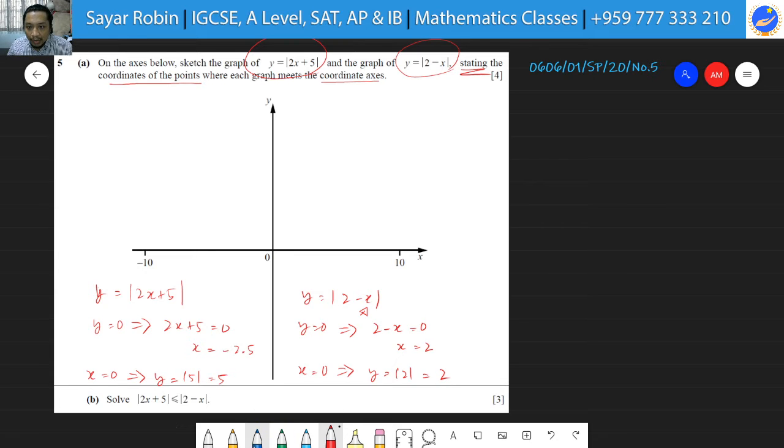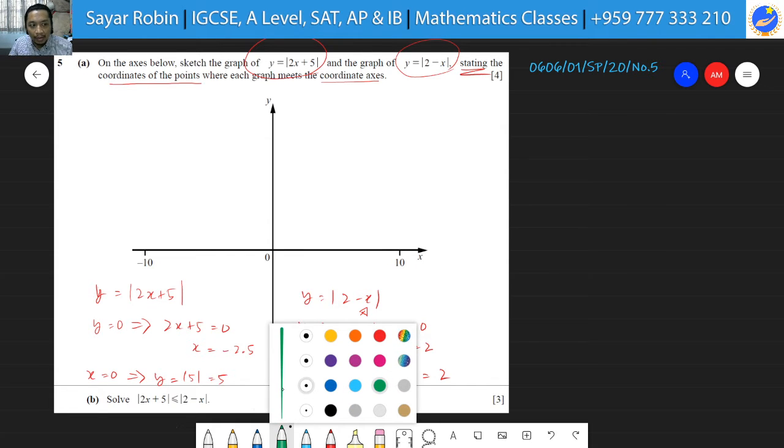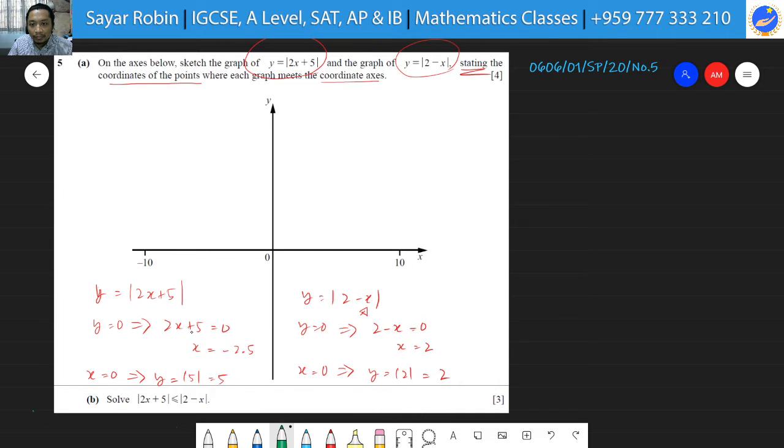Okay, so let's plot it. Let's locate the points now. I'm going to use this color again, so we'd better use the green color. Negative 2.5 comma 0. So we're going to make some ticks for this line, and this is negative 2, this is negative 4, let's say this is negative 6, and this is negative 8, and then 2, 4, 6, 8, and 10.